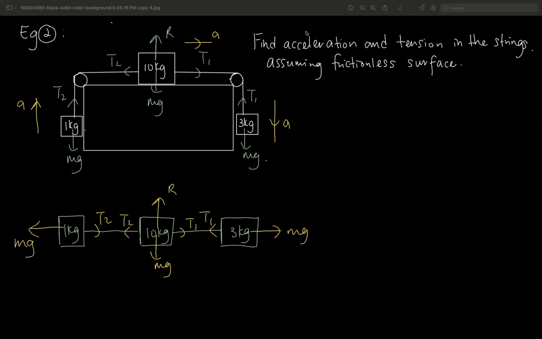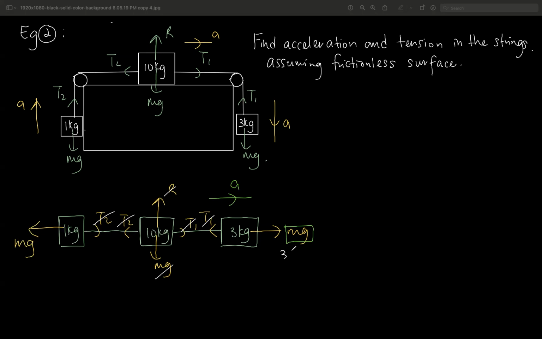So the entire system is moving to the right, because this mg is pulling it. The irrelevant forces we cut off. Cancel, cancel, cancel, cancel. This is vertical, no need to see. So only this mg and that mg.